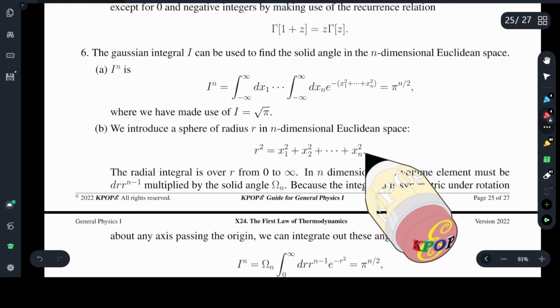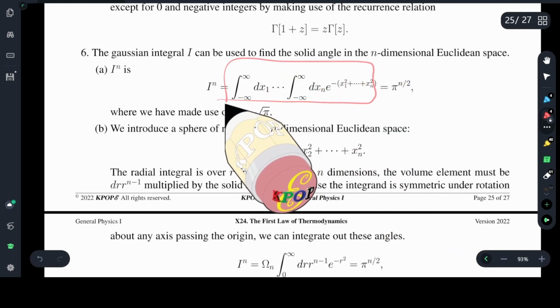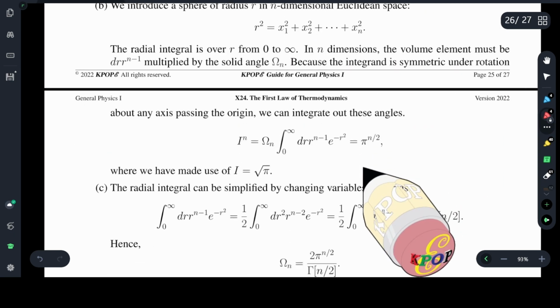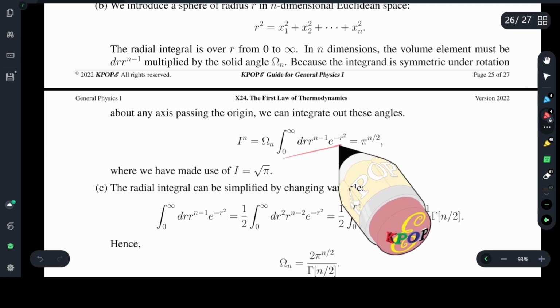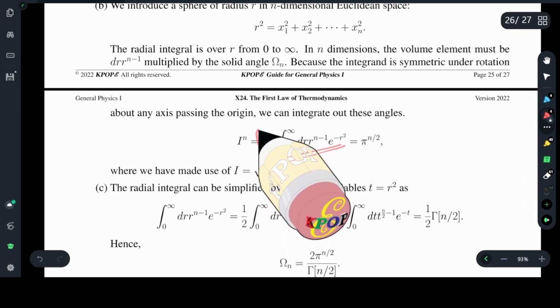Another interesting thing is you can multiply the Gaussian integral n times. That is trivial to find. And a similar change of variable to polar coordinates is possible, but nobody knows.